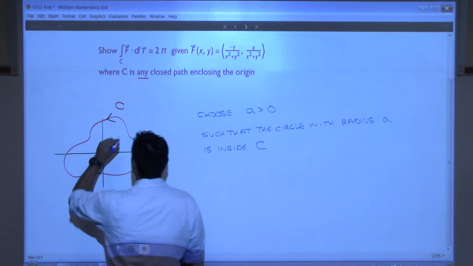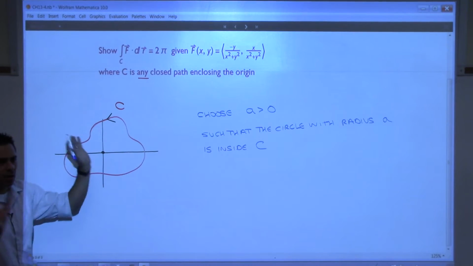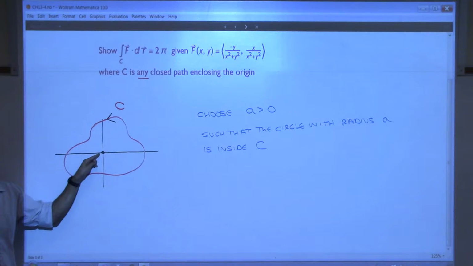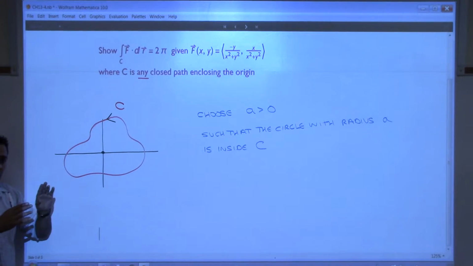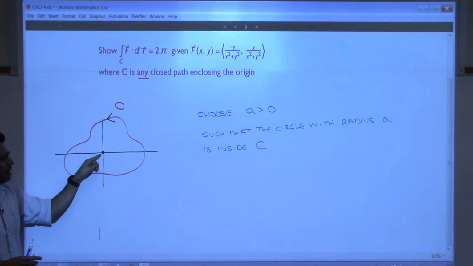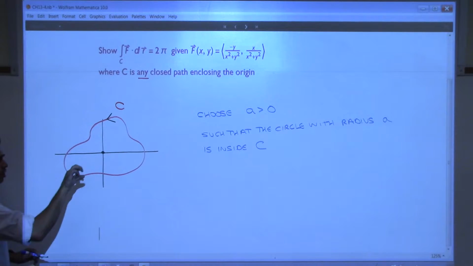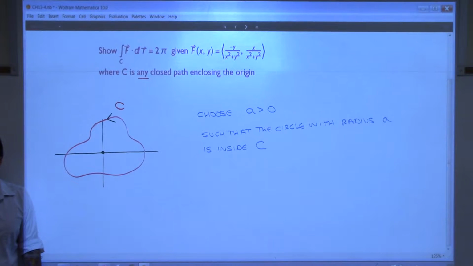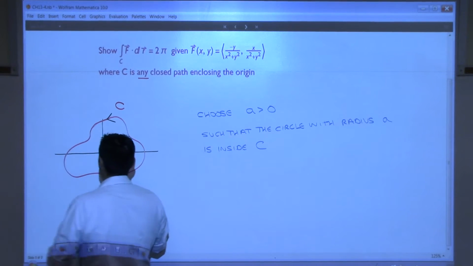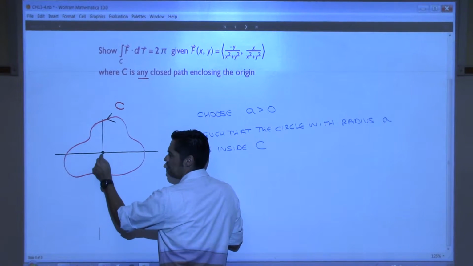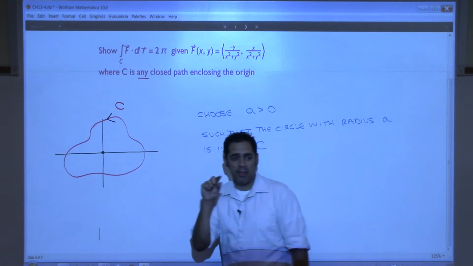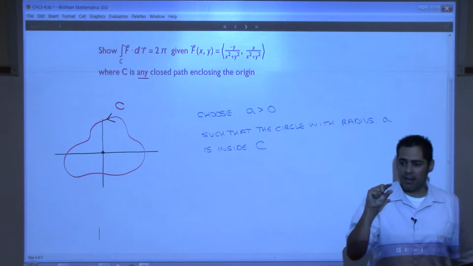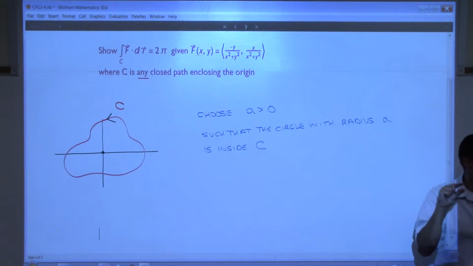If somebody draws any curve where the origin is inside of it, but not on the edge of it, can I choose a small enough circle so that I will be inside that curve? Yes, the answer is yes. The reason is that if this curve does not touch the origin, then there's some gap between the origin and the curve, and I can always choose my A to be half that distance.